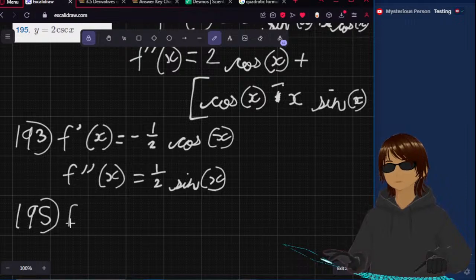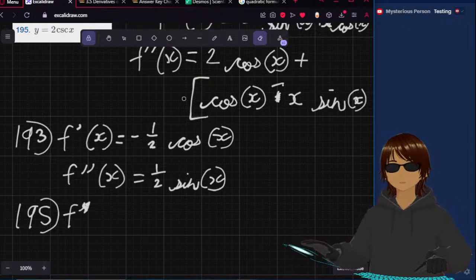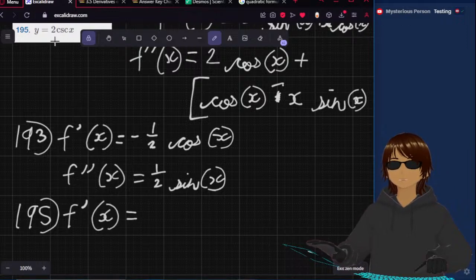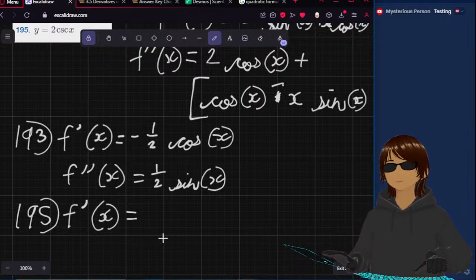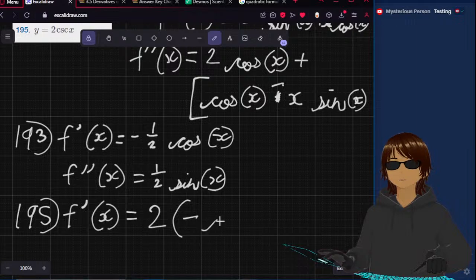Cosecant. The 2 cosecant. So that's minus cosecant cotangent.